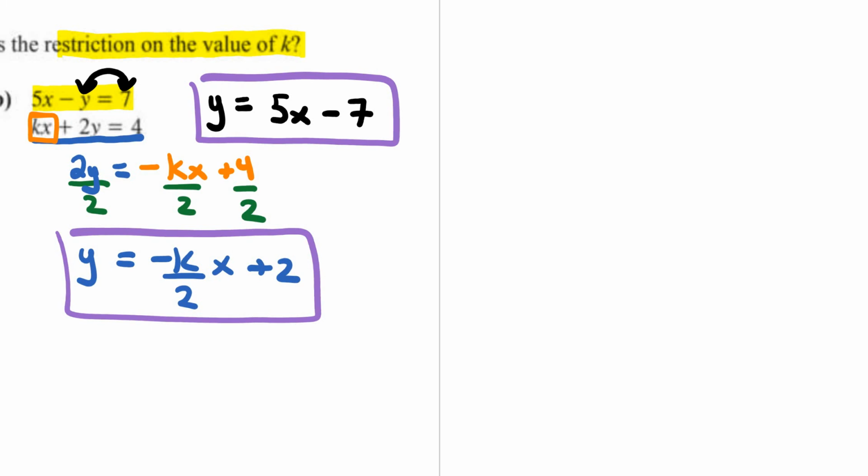For this particular problem, if we're trying to put restrictions on k so that we have one solution, this has to do with the slopes. There's a 5 here and a negative k over 2. If the slopes are equal, 5 equals negative k over 2, then we could have infinitely many solutions or no solutions, but we want to make sure that we only have one solution.